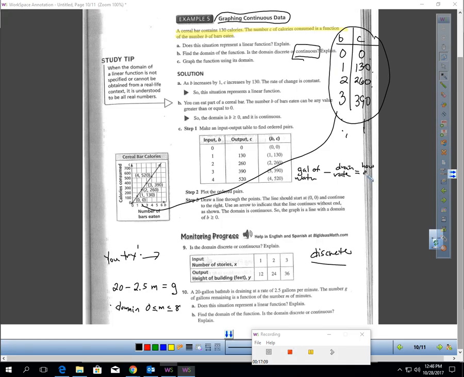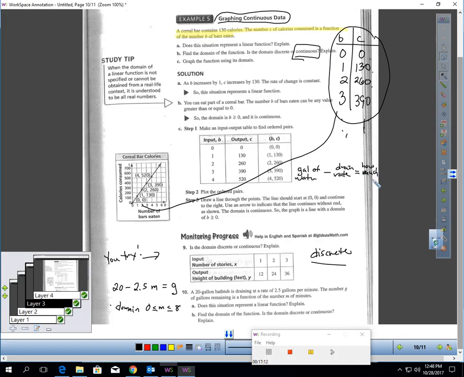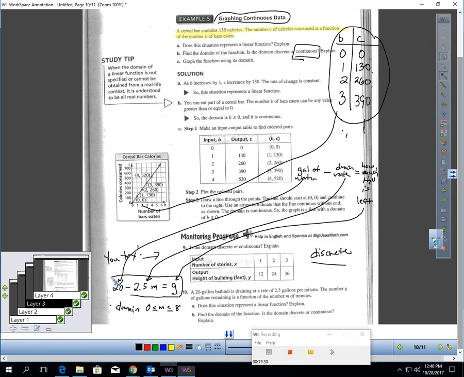I should put how much water's left, how much H2O is left, okay? So now I got to just fill in the numbers. How many gallons of water are in the tub? Well, it said 20. The drain rate is 2.5 gallons a minute, and G is how much water's left in the tub. So this is definitely linear. Do you notice how each variable is first power and everything is in the numerator?